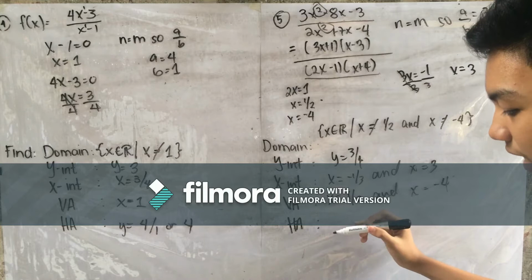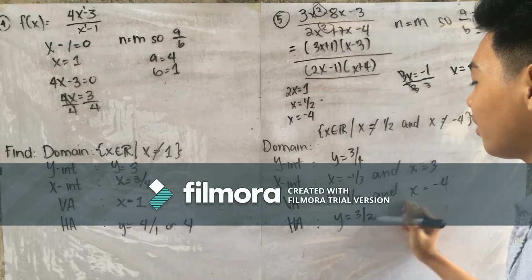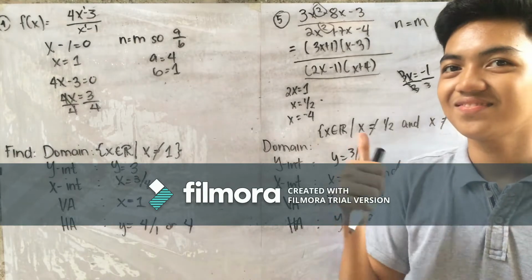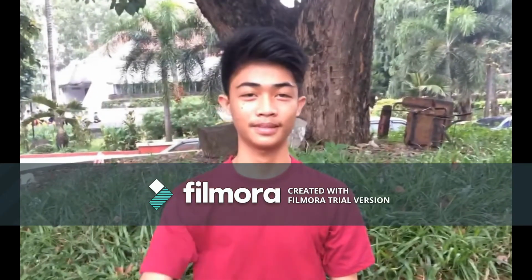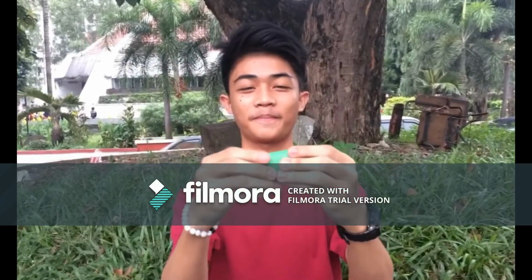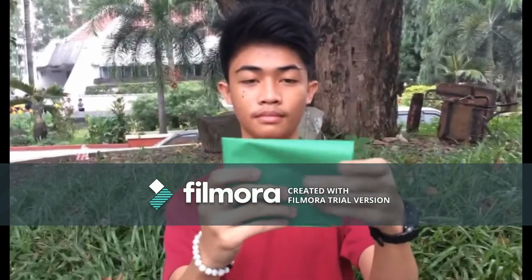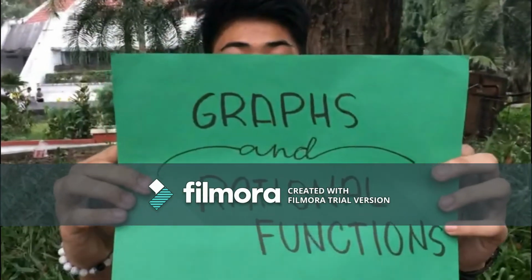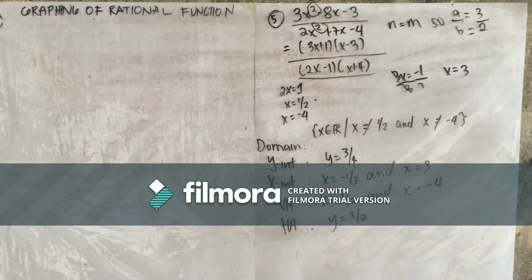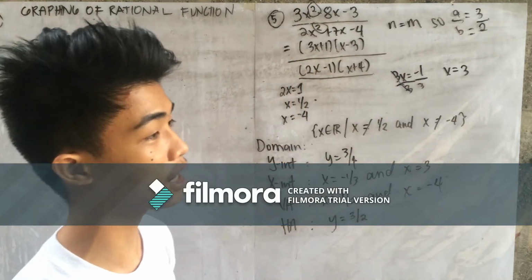So, our horizontal asymptote is y equals 3 over 2. So that's it, guys, we now have the values we need for graphing.